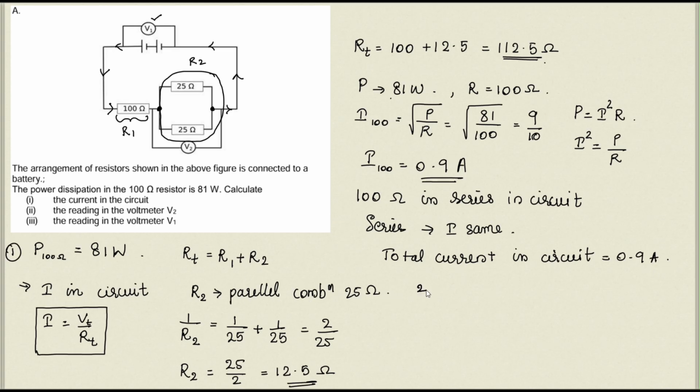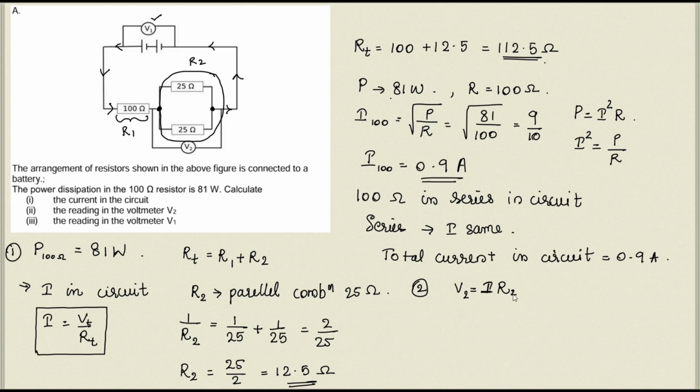Now the second part of the question, that was the first part. The second part asks for the reading in voltmeter V2. That means the potential difference across V2. We already know potential difference can be found using the relation V is equal to I into R. Here we are finding V2, so we have to find the total current passing through the two 25 omega resistors together, and R, the total resistance of the parallel combination, that is R2.